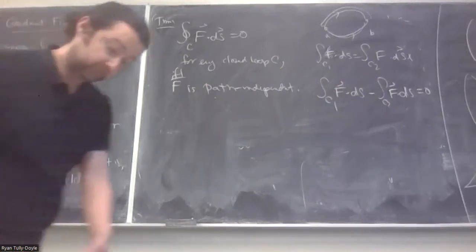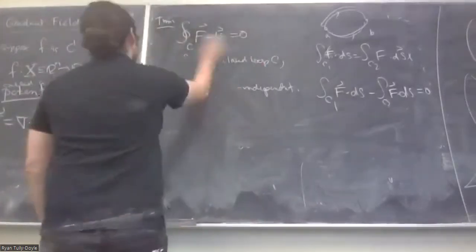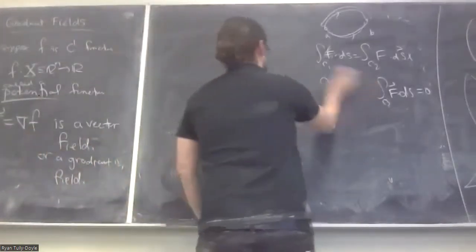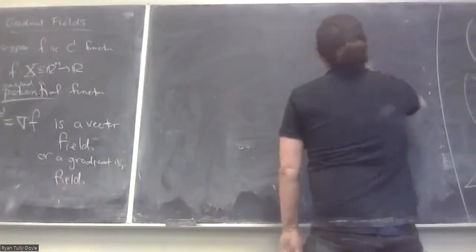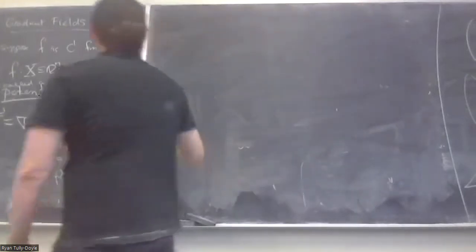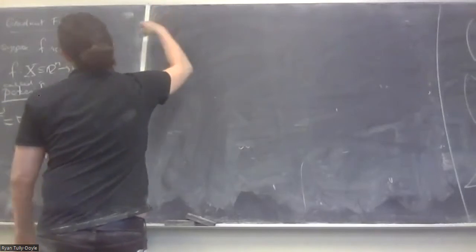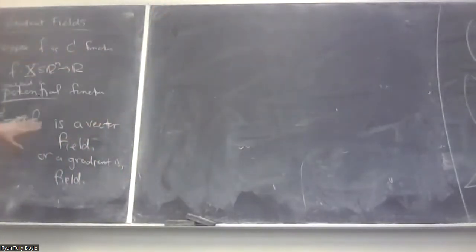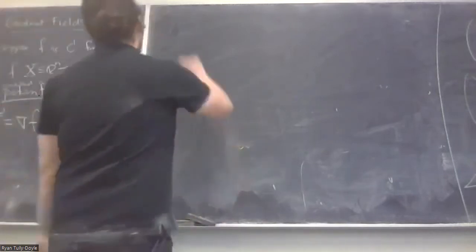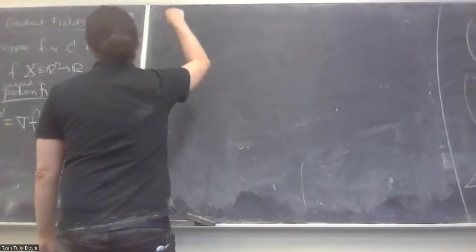And it turns out to be the case that, because gradient fields are so highly structured, it's not hard to see this. I'm defining this in a larger space than just R2 or R3, so we'll leave that alone for a second, and I'll come back to it in the specific case of R2.